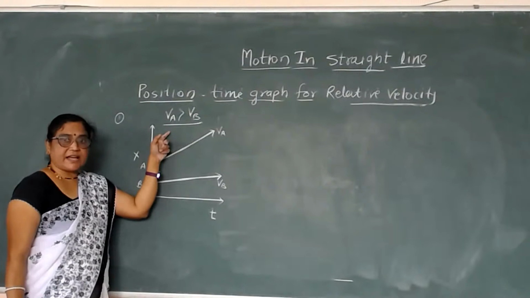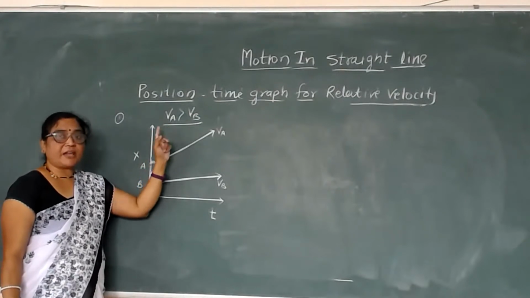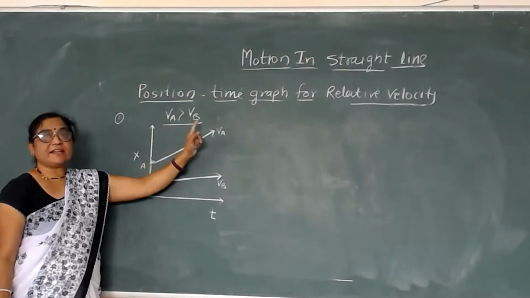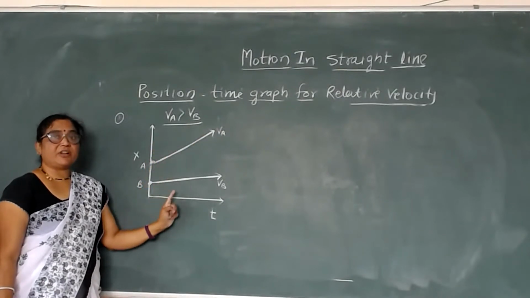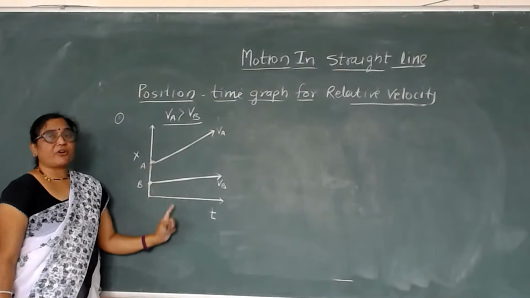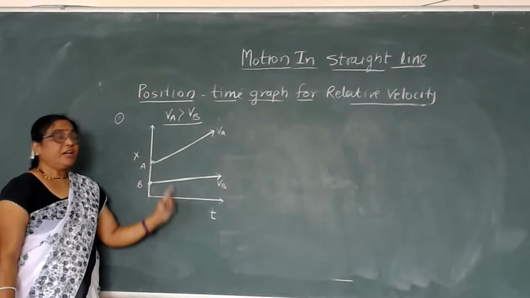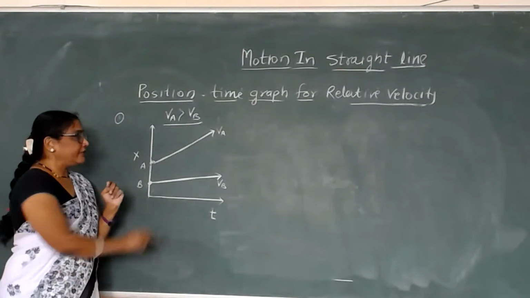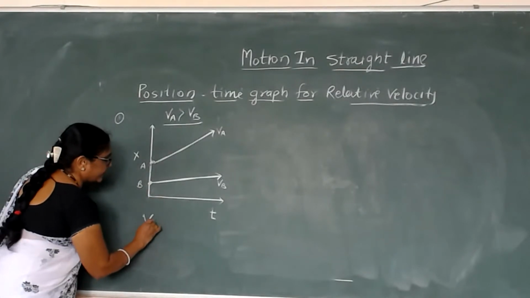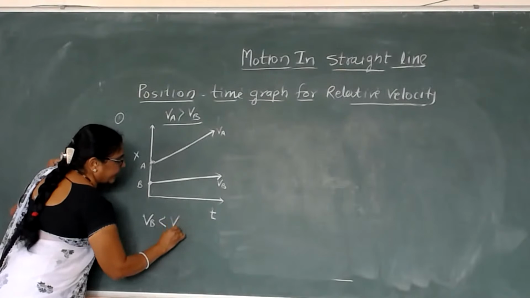If the question is to draw the position time graph for VA greater than VB, meaning the velocity of A is more than the velocity of B, that time we draw this type of graph. Otherwise, VB is less than VA.